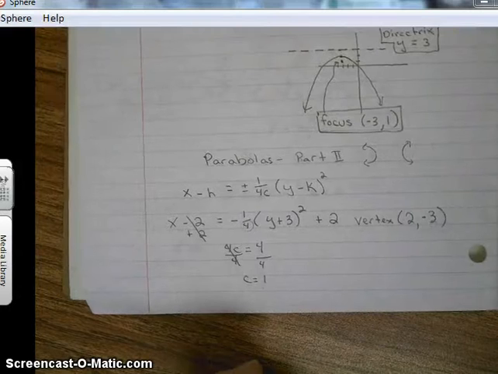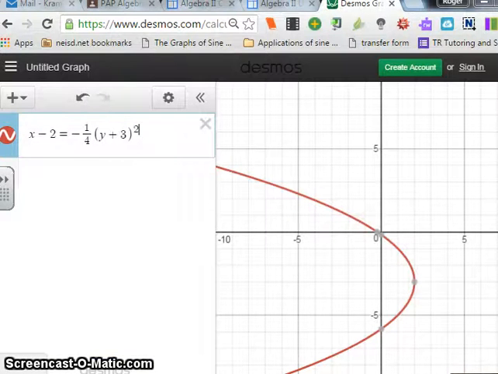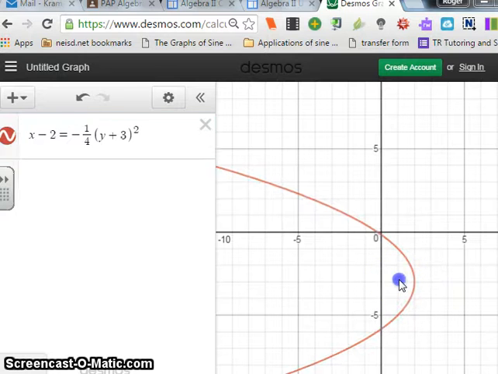Let's look back here. Going 1 unit into the parabola will put us right here. So that focus is going to be 1, comma, negative 3.